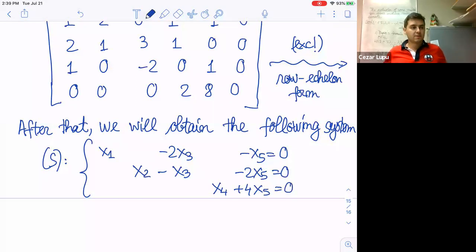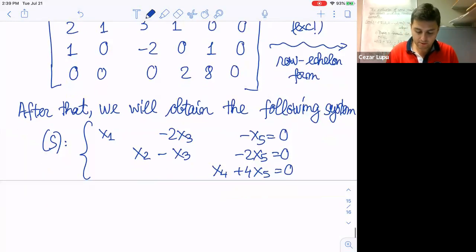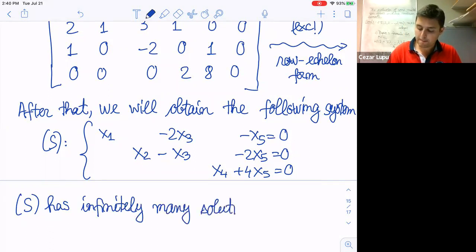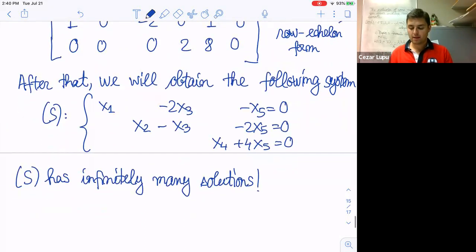Okay. Guess what? When you have this kind of system, you can expect again to have infinitely many solutions. So S has infinitely many solutions. Well, you can solve this by hand.